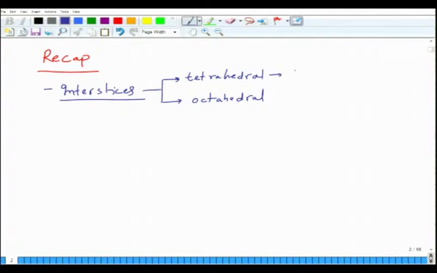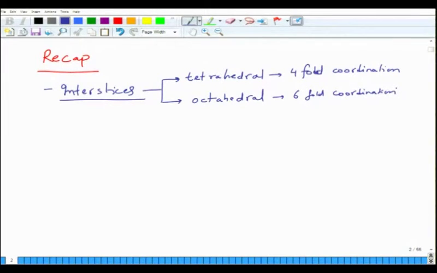A tetrahedral void is characterized by four-fold coordination because it's a body with four corners. As a result, the impurity that sits inside has four neighbors, whereas octahedral is a six-fold coordinated void.